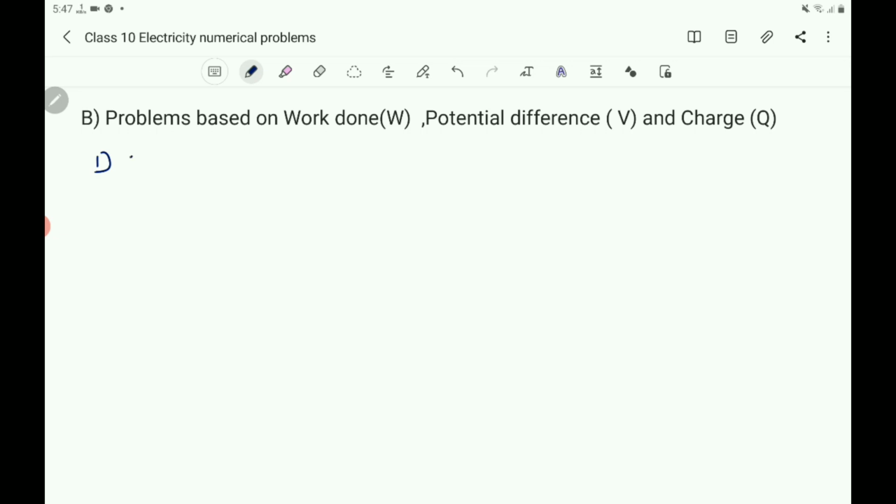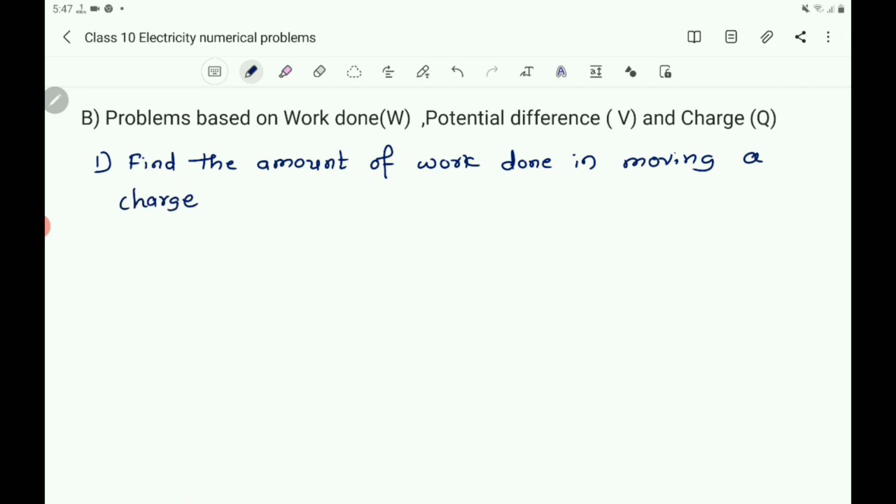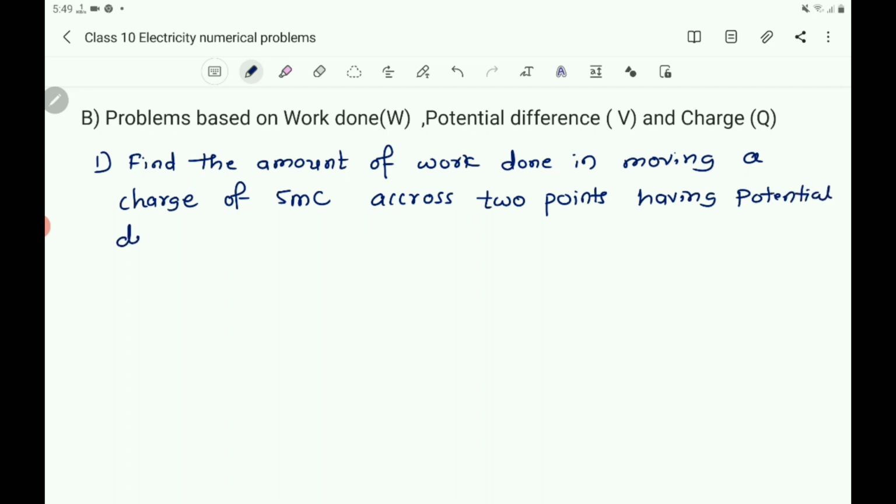Find the amount of work done in moving a charge of 5 millicoulomb, 5 mC, across 2 points having a potential difference of 100 V.